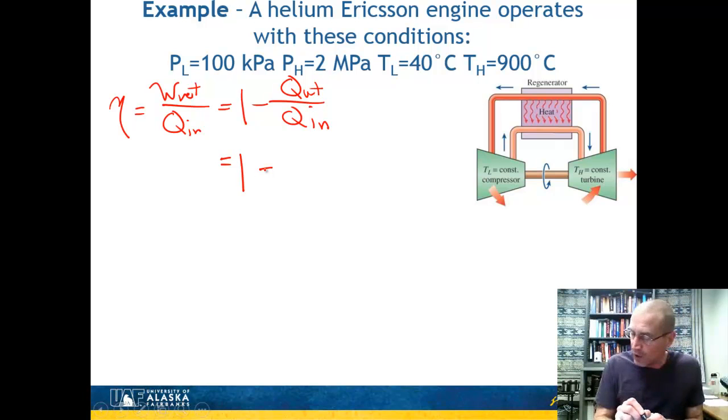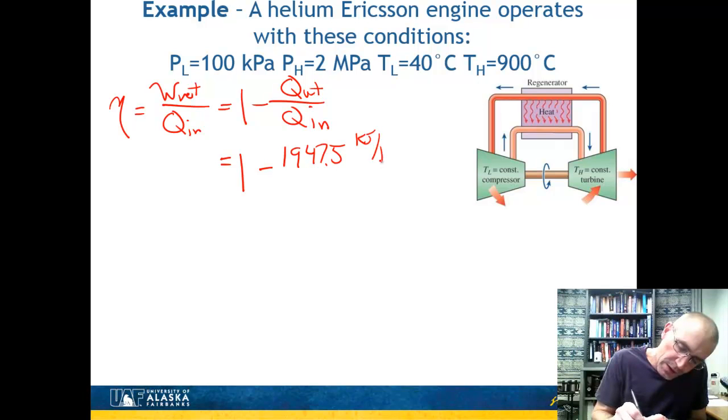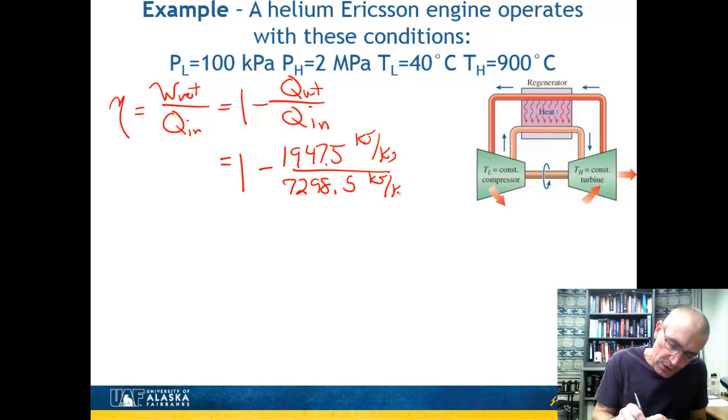Q out, which was the compressor work, was 1947.5 kilojoules per kilogram, over Q in, which was the work of the turbine, 7298.5 kilojoules per kilogram, and that becomes 0.733.